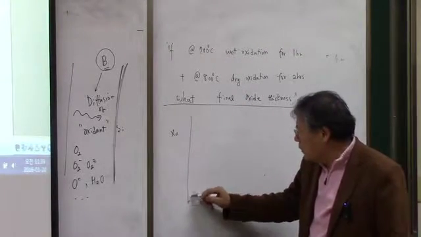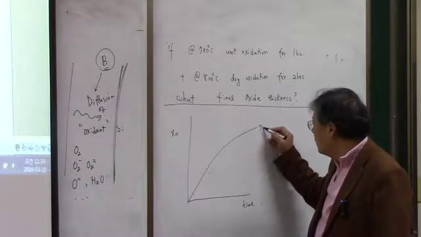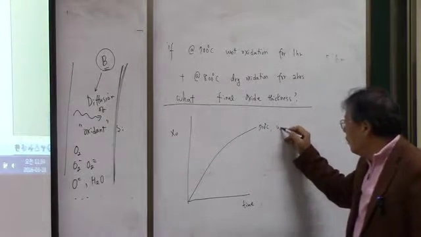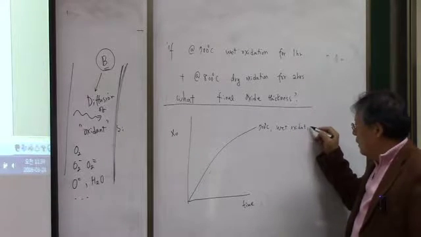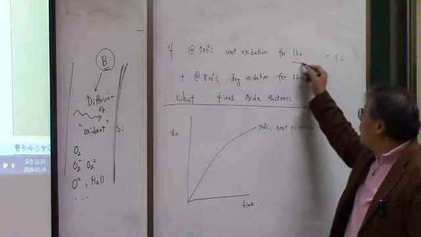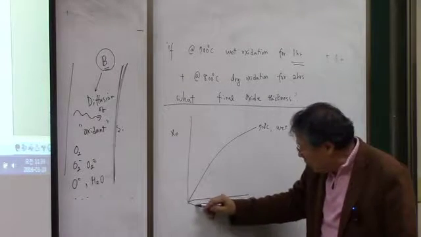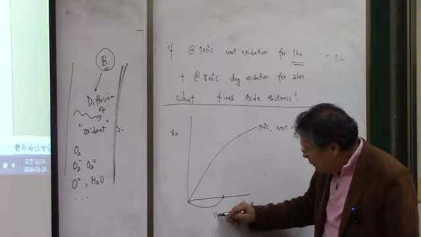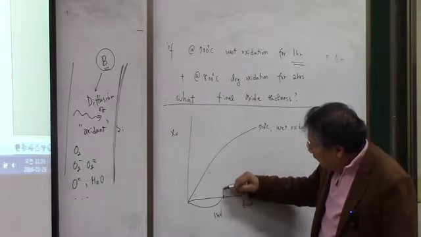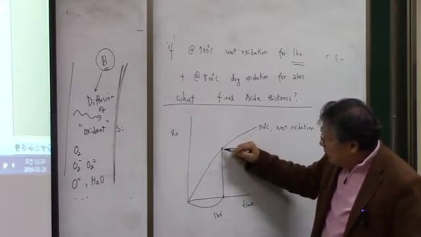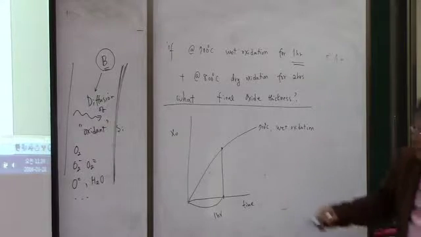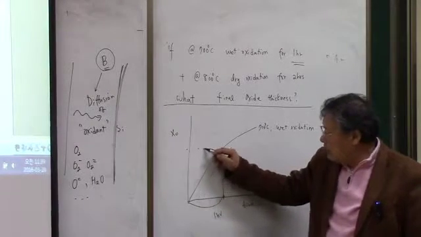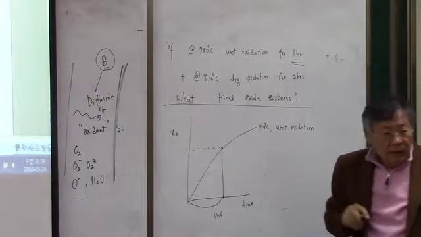Let's suppose you have a curve something like this: 700 degrees centigrade in the wet oxidation, and you have done it for 1 hour, so you just pick 1 hour, and then you have this oxide thickness corresponding to this.